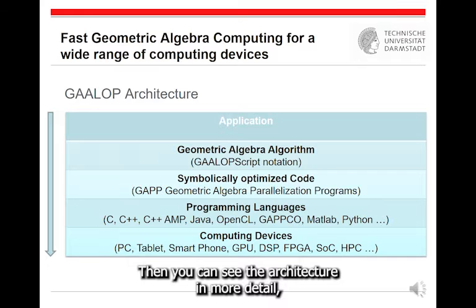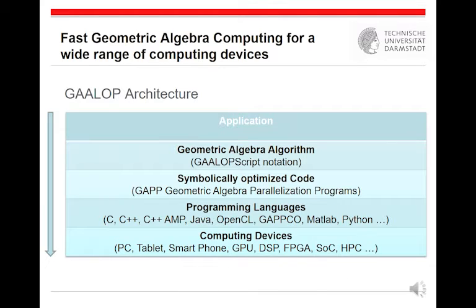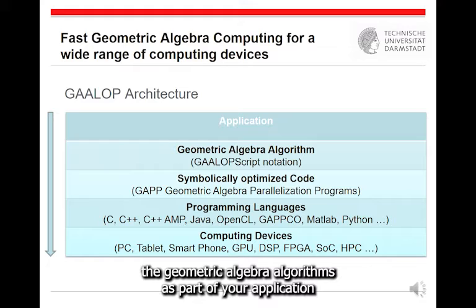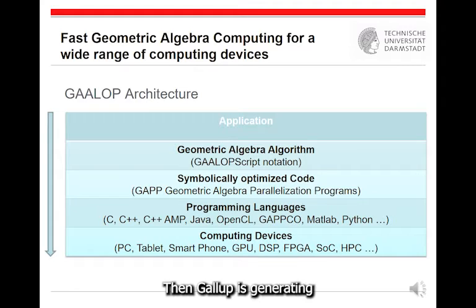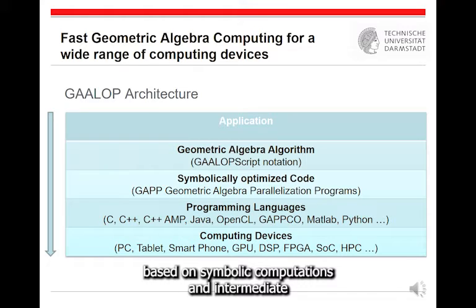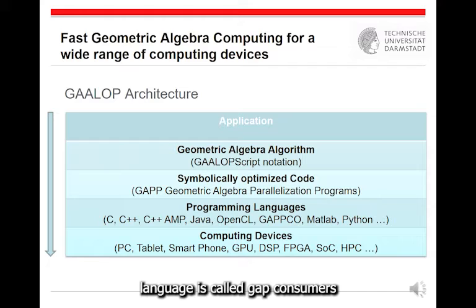Here you can see the architecture in more detail. The geometric algebra algorithms as part of your application can be written in the so-called Gallop script notation. Then Gallop is generating, based on symbolic computations, an intermediate language. Here it is called GAP, Geometric Algebra Parallelization Programs.